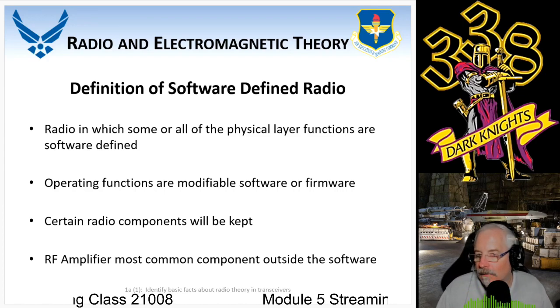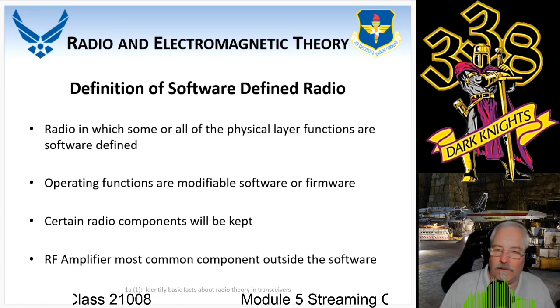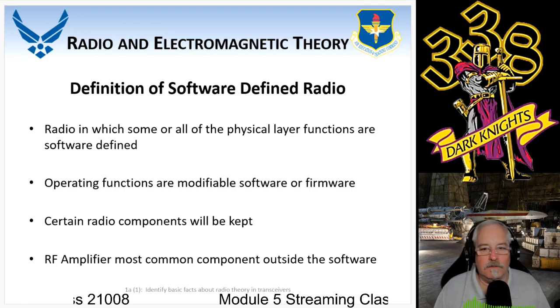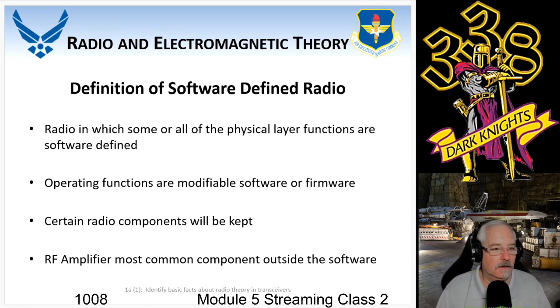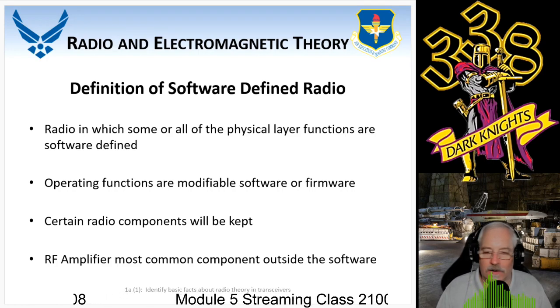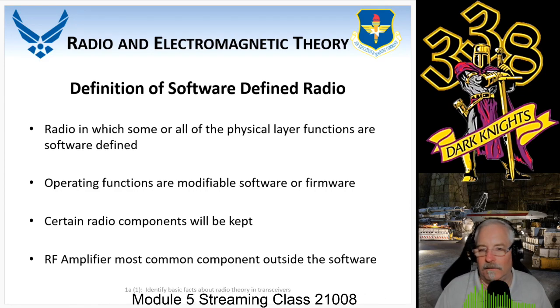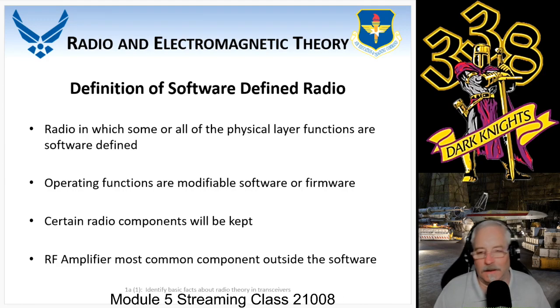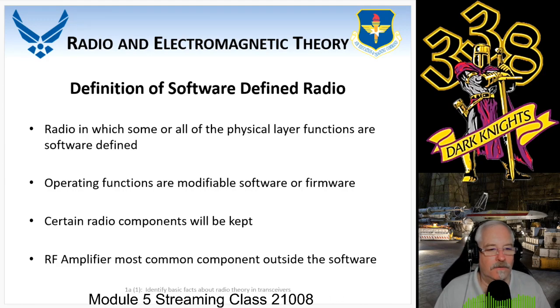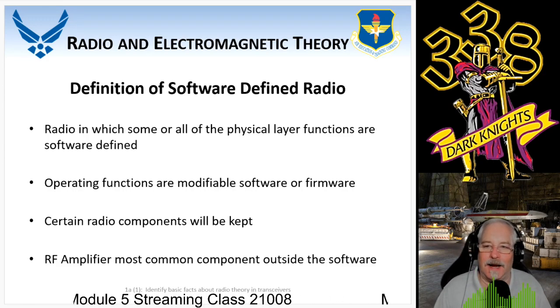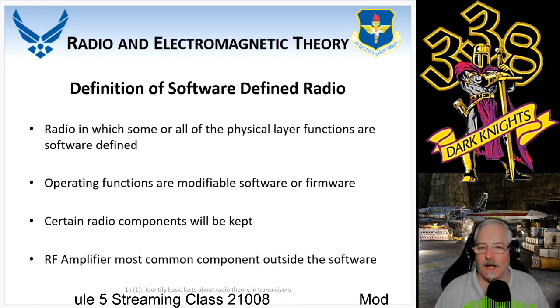Anytime you need an upgrade, whether it's software or firmware, normally the manufacturer is going to provide it. And again, there are some components depending on the complexity of the radio. And again, most of the time, the RF amplifier is that component that's outside of it.